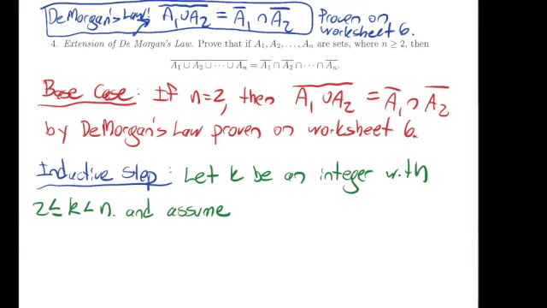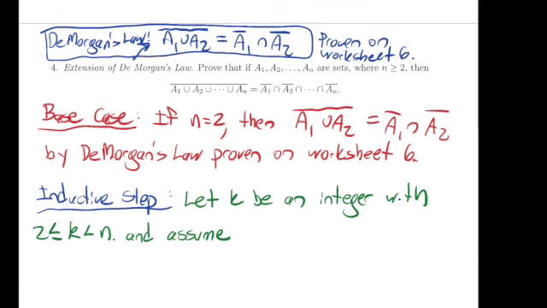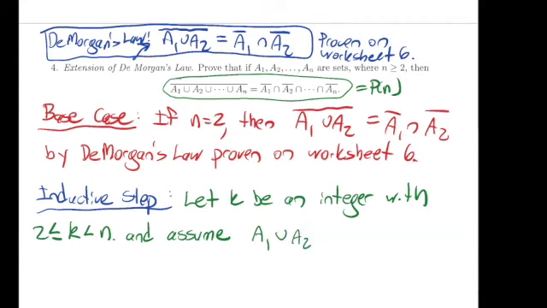And now we're going to assume that this statement is true, right? Our statement P of k. This is exactly statement Pn. So I'm going to assume this is true when we plug in k.